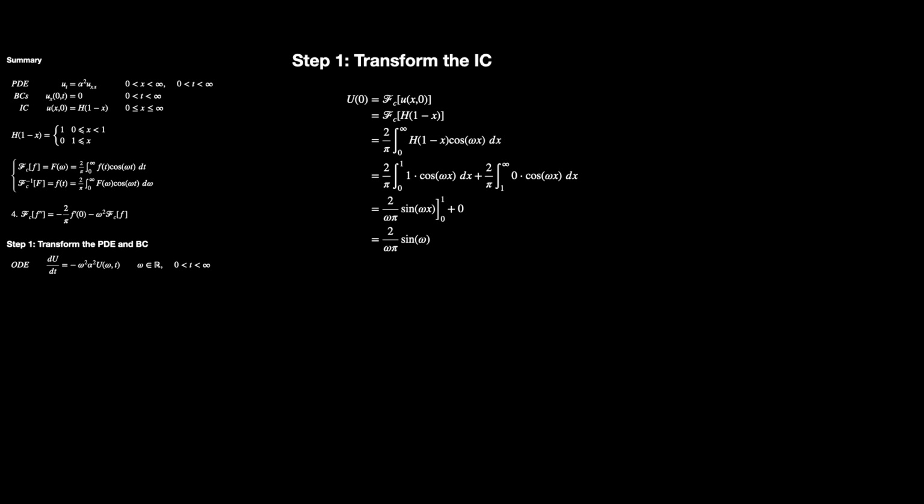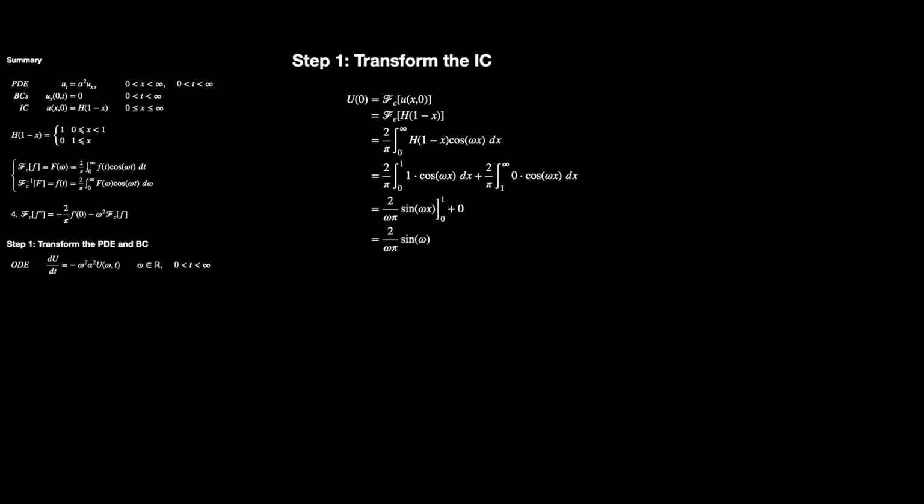The initial condition is transformed again by the cosine transform, which is really just us transforming the Heaviside function. Applying the definition of the transform gives us the integral of 2 over pi of h of 1 minus x times the cosine of omega x dx, when we integrate from 0 to infinity.